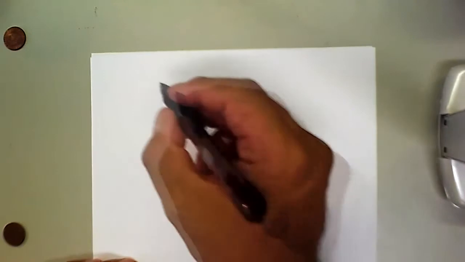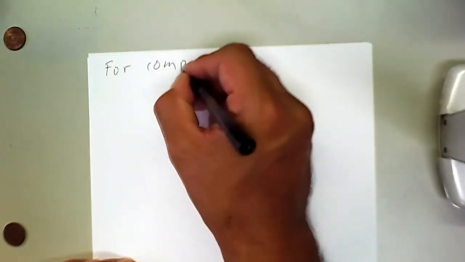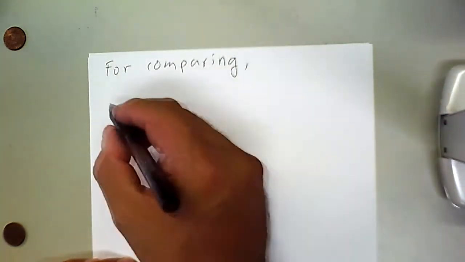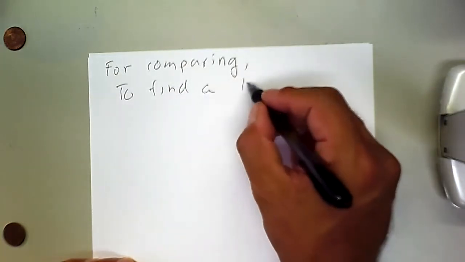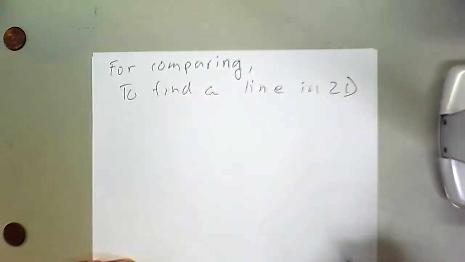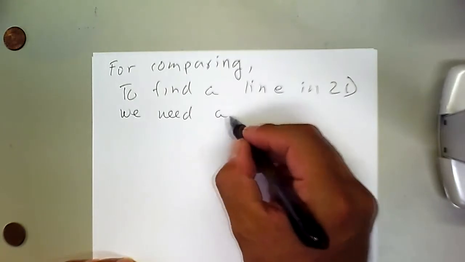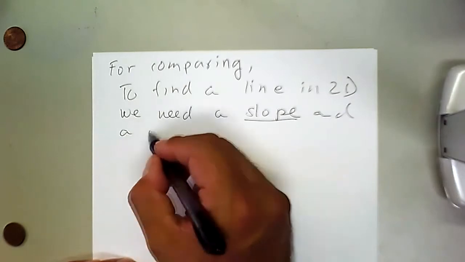Okay, let's talk about, just for comparing purposes, to find a line in 2D, what do we need? We need a slope and a point.